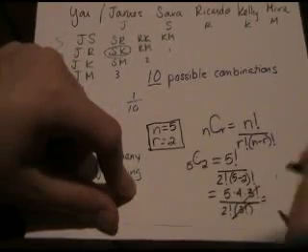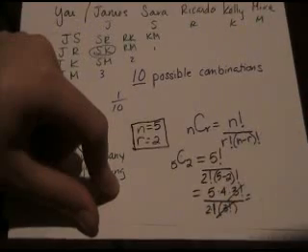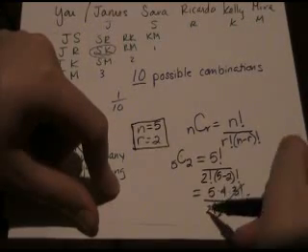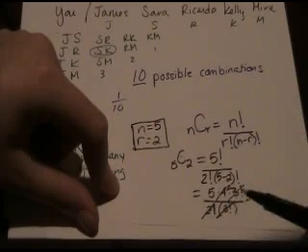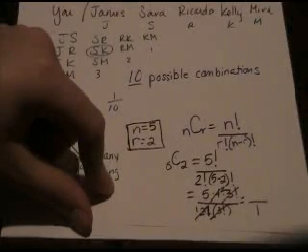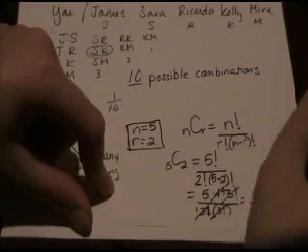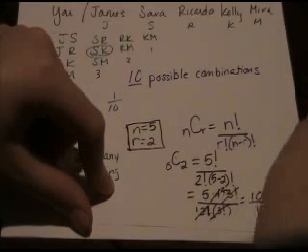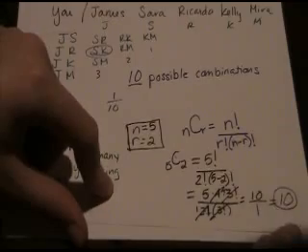So now when we're ready to simplify that, 2 factorial is just 2 times 1. And 2 goes into 4 twice. So in the denominator, all I have is a 1. And the numerator is 5 times 2, which is 10. Well, would you know it? That's exactly what we got before.